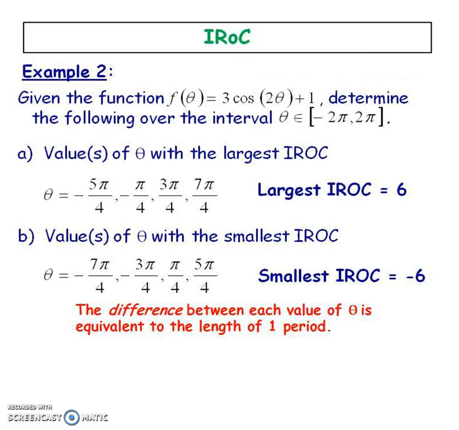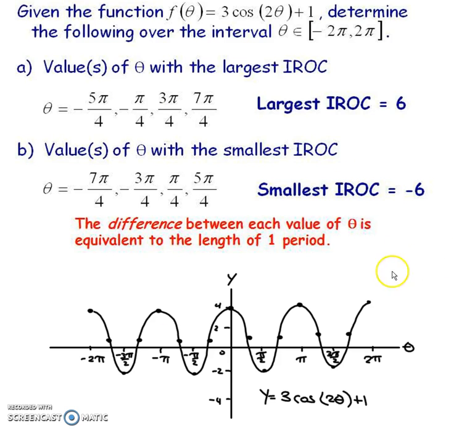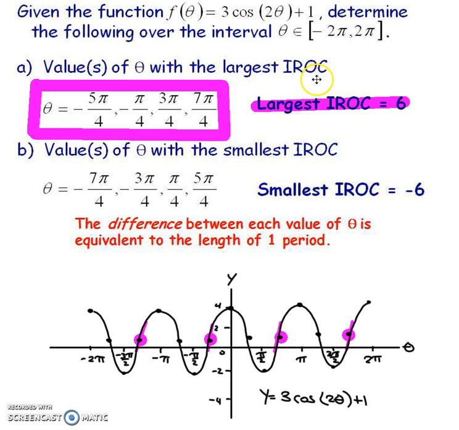So this is a question that you could see if we had some sort of a graph like this between this domain. Why don't we list out all of the largest IROCs and all the smallest IROCs? Okay, so what I would have to do is I would actually have to graph it first. You guys know how to graph it already, but answering the question, all of the most positive, the largest IROCs are going to be here.